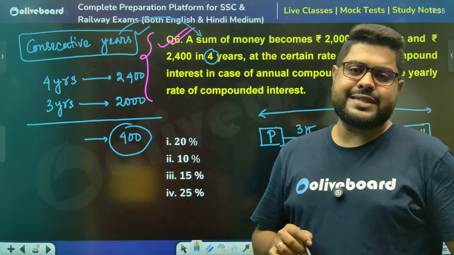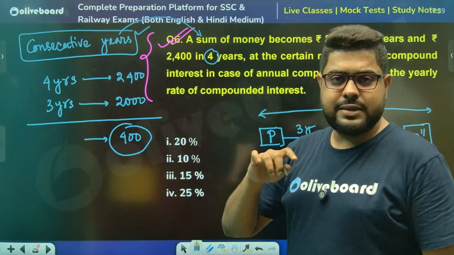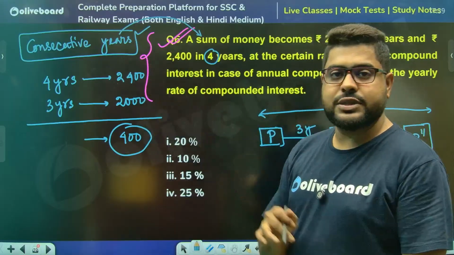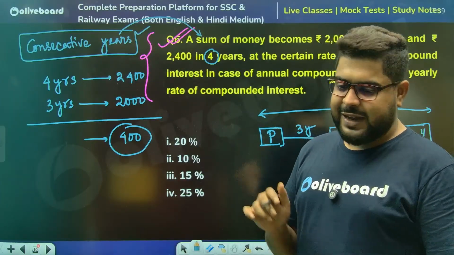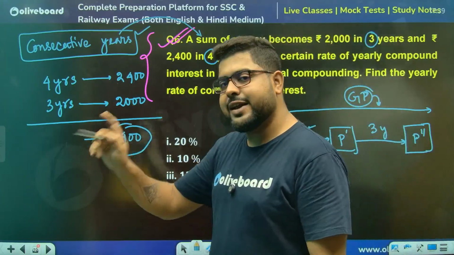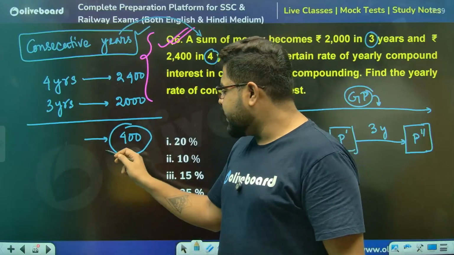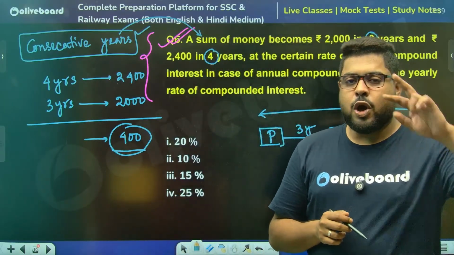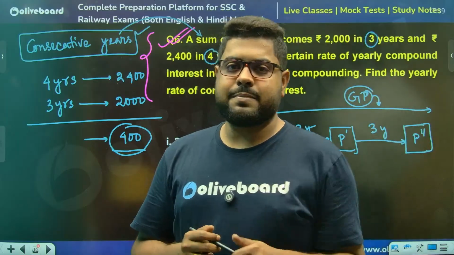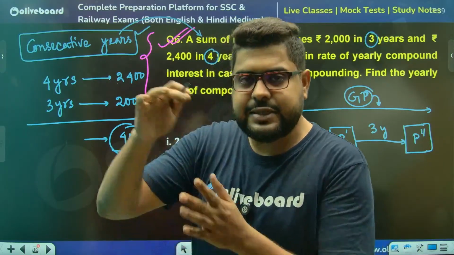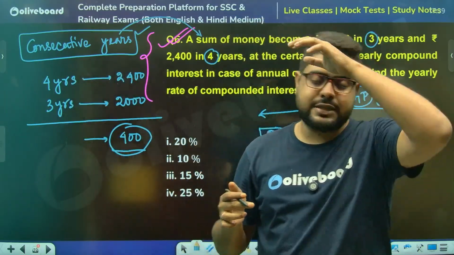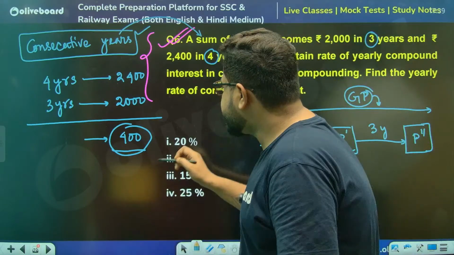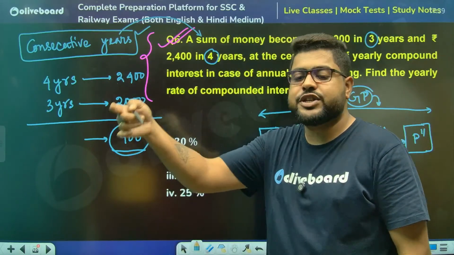In simple interest, the interest is equal for every year. But in compound interest, it is also 1 year's interest, but the problem is that not every year's interest is the same. First year's interest is something, second year's interest is something else, third year's is something else. So this 400 is the interest for which year?